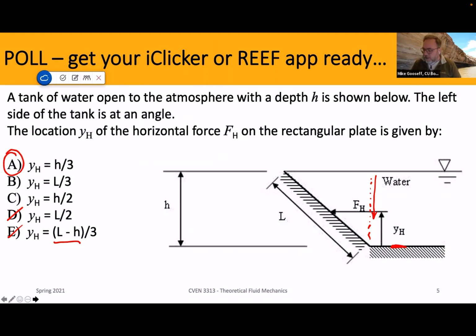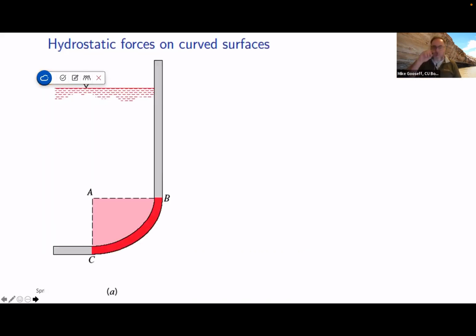All right, let's move ahead then and talk a little bit about what happens on curved surfaces. I hope that one of the things you've started to figure out is that there's a fair bit of geometry involved here. And so the geometry of our circular or rounded parts of our interfaces will be no different. We just need to start thinking about things in a slightly different way.